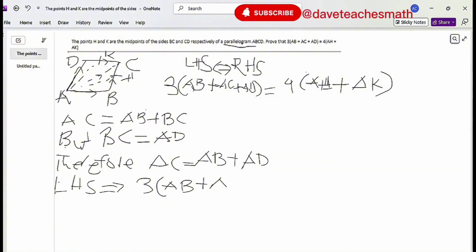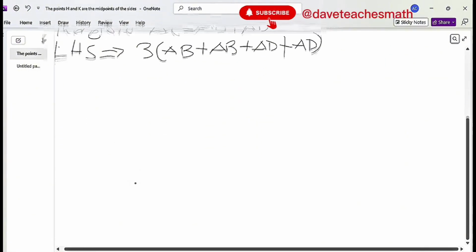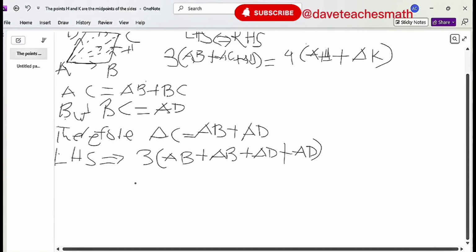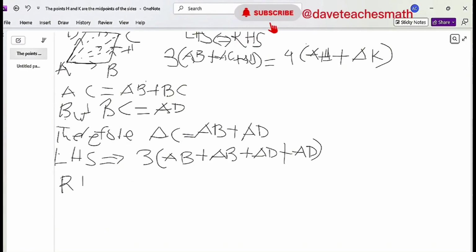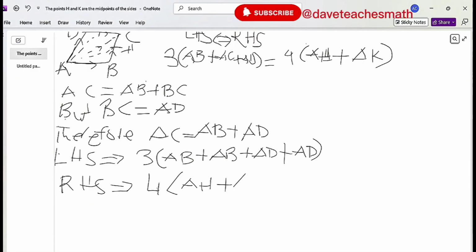So we are going to have plus AB plus AD, plus another AD. This is on the left hand side. Now we move on to the right hand side. So the right hand side is equal to 4AH plus AK.